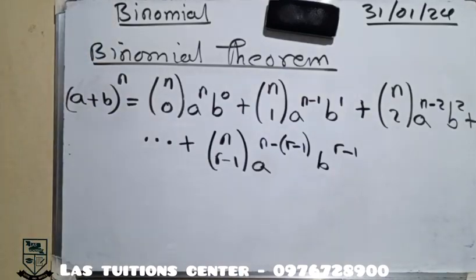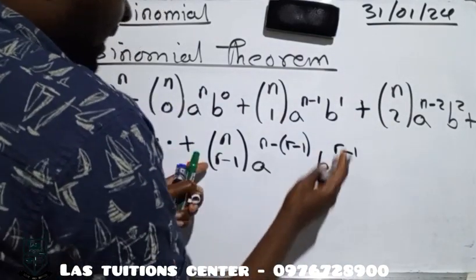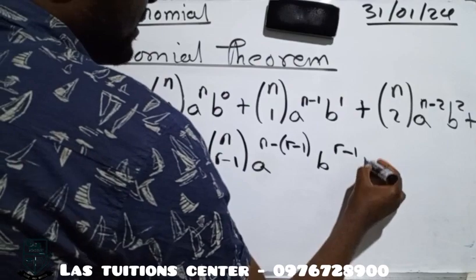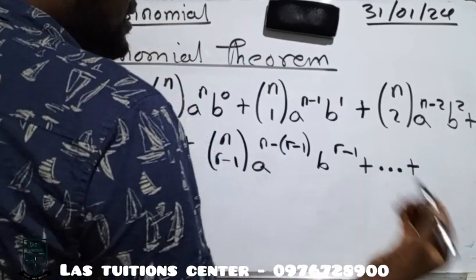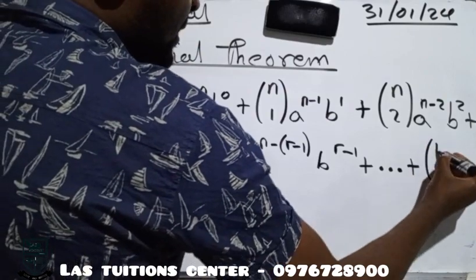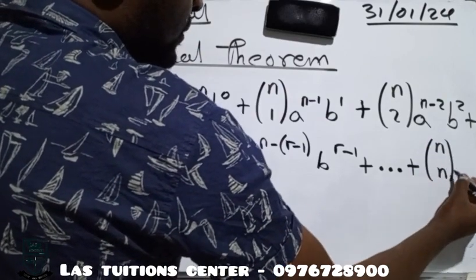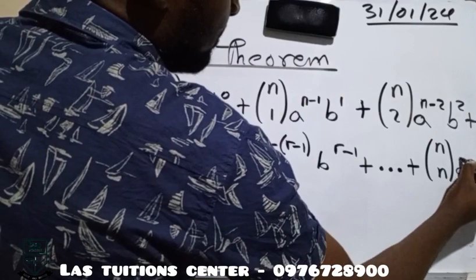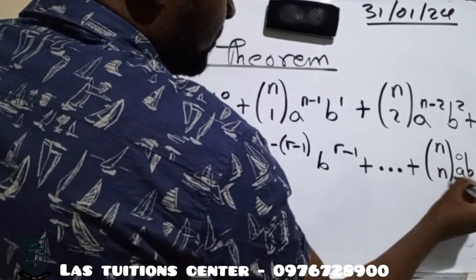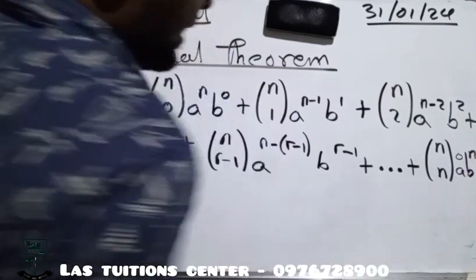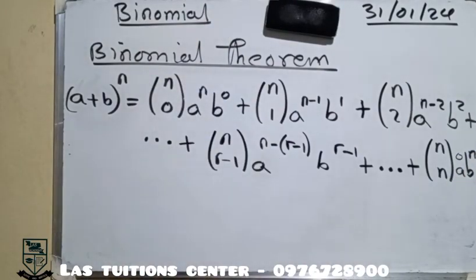In the midst of the expansion, there is something like this, then plus, then we have these dots, plus, then finally the final term would be n choose n with a to the power n minus n, you get a 0, b will carry the power down here, which is n. So that's what we are going to have there.